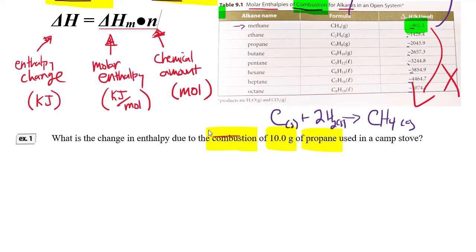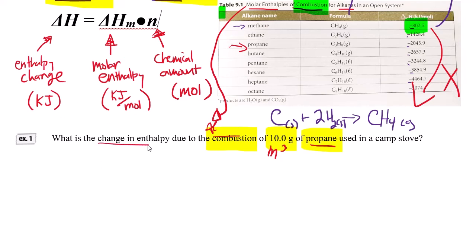So I'm doing combustion, so that means that this molar enthalpy of combustion table will be of use to me. I'm burning a mass of 10 grams of propane. Okay, so I have propane here on my table. It's got a molar enthalpy of combustion of negative 2043.9 kilojoules per mole.